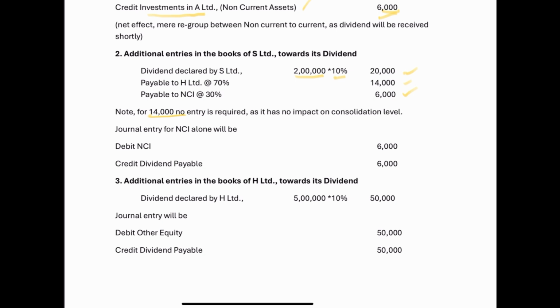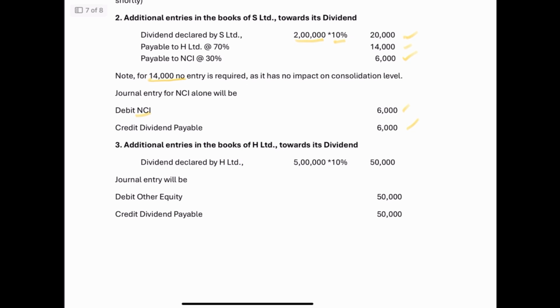So we'll have to make entry only for the non-controlling interest. So for that, the entry is we'll have to debit NCI under equity by 6,000 rupees and credit dividend payable by 6,000 rupees. That's the second entry. And third, let's go through the dividend declared by H Limited.